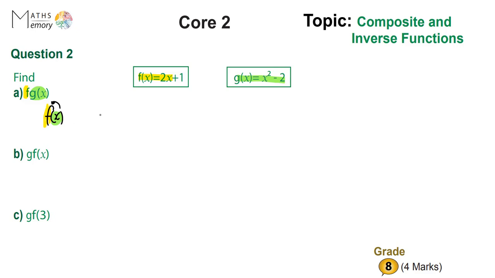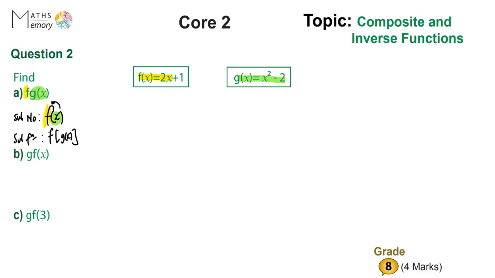So we subbed in a number. But now we've got f of g of x over here. So we're not subbing in a number, we're subbing in a function. That's the only thing we're doing. The principle is exactly the same.